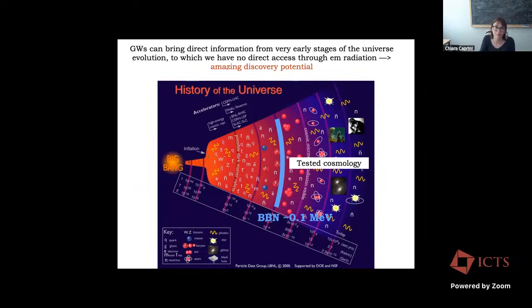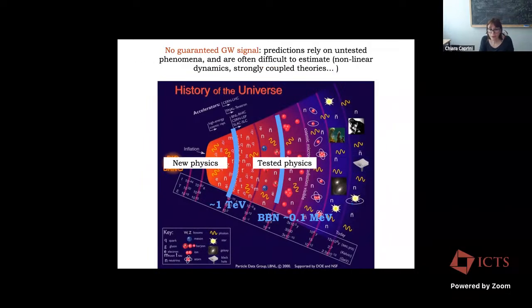Of course, we have tested inflation through CMB anisotropies, but all these energies of the early radiation-dominated phase are so far untested. Now we also have another frontier here, which is the TeV, the frontier between tested physics and new physics.